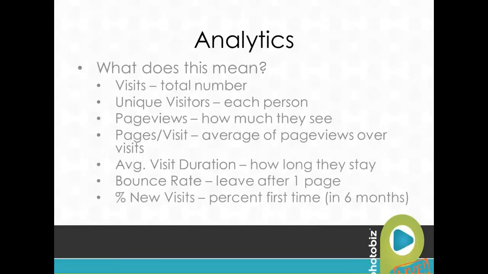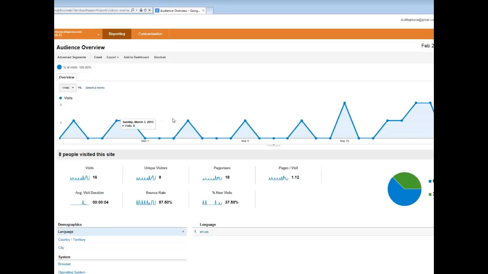So let's talk a little bit about what Google Analytics means. I had the privilege of being able to use Danny's site as an example to give you all an indication of what the site actually looks like. So this is the control panel for Google Analytics. Again, this is the reporting tool to talk about statistically what is happening on the actual website itself.